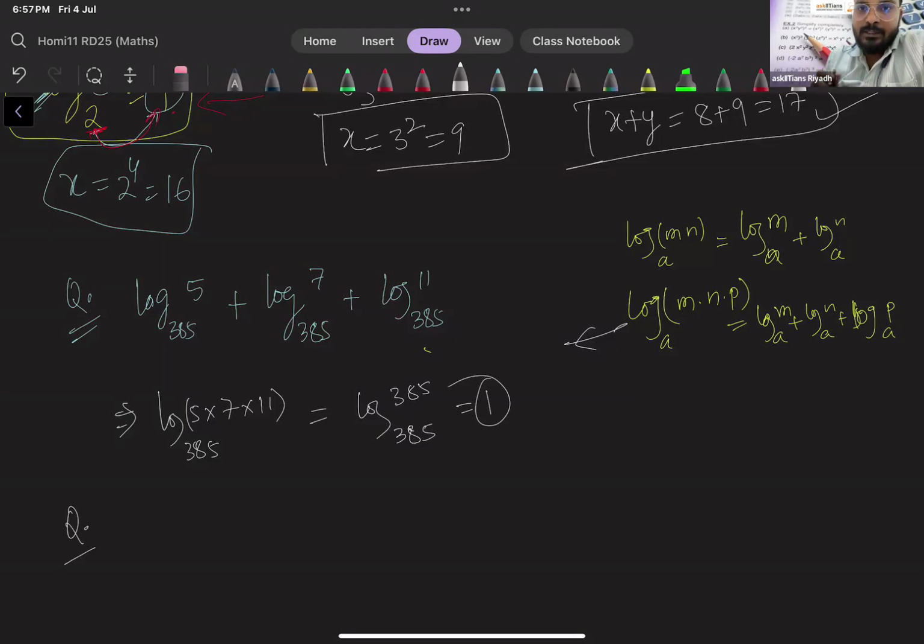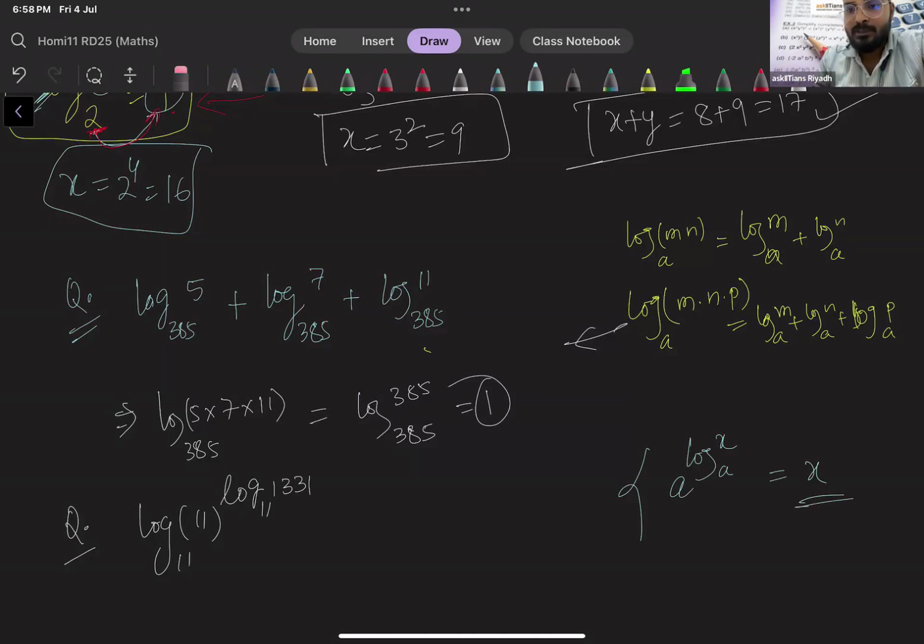Now, another question. अगर कोई डाउट है मुझे बता देना. Log base 11, and the argument is 11 raised to the power log base 11 of 1331. Let me tell you one property or hint here: if it's a to the power log x to the base a, this is going to be equal to x.